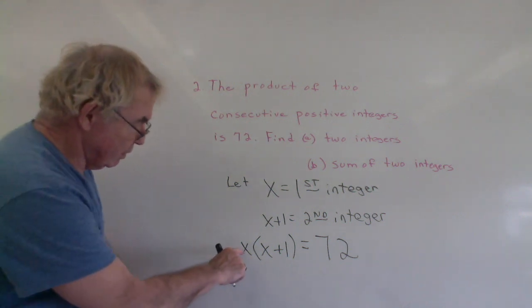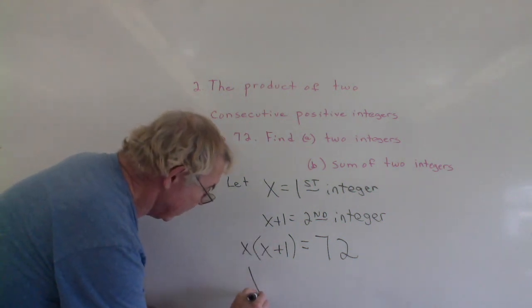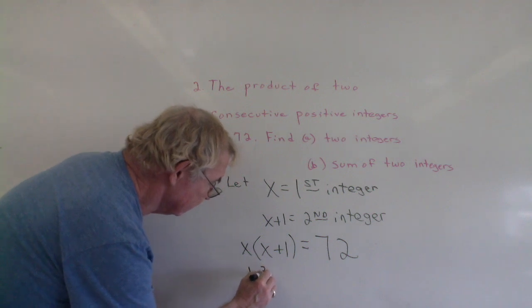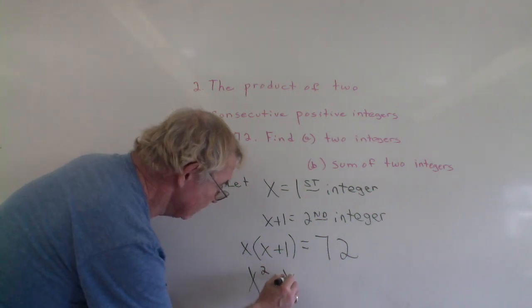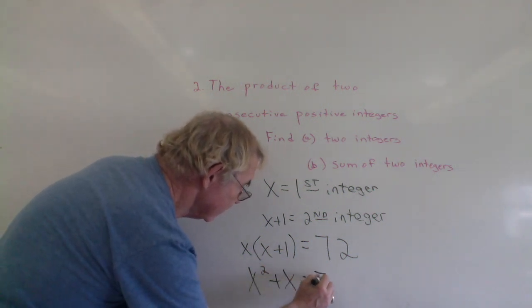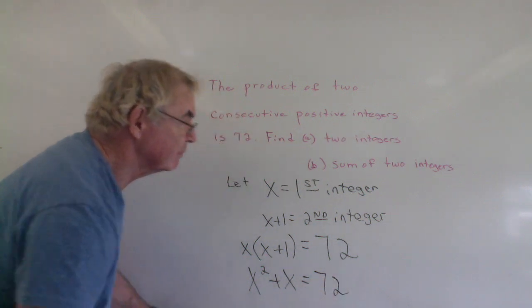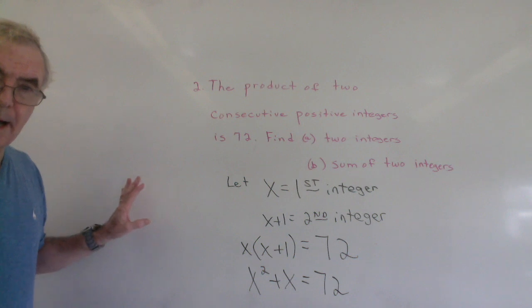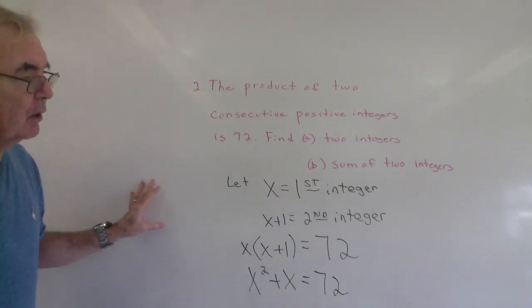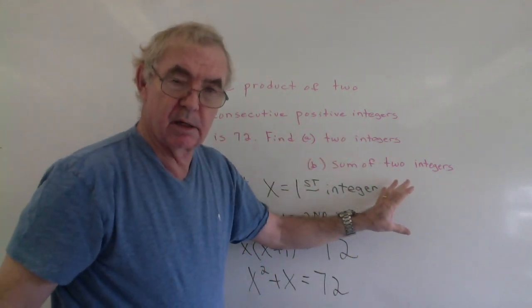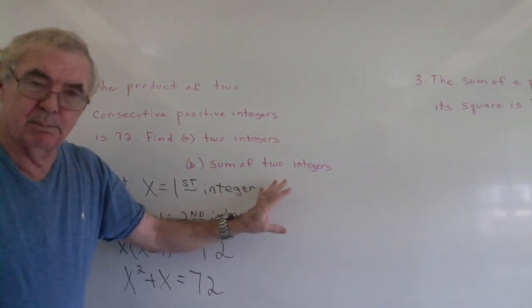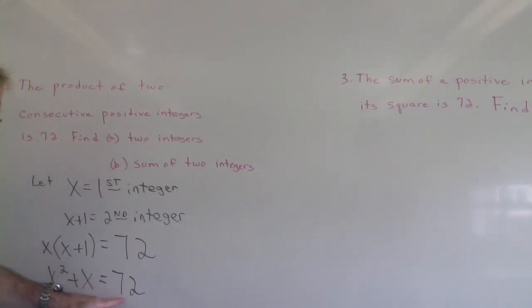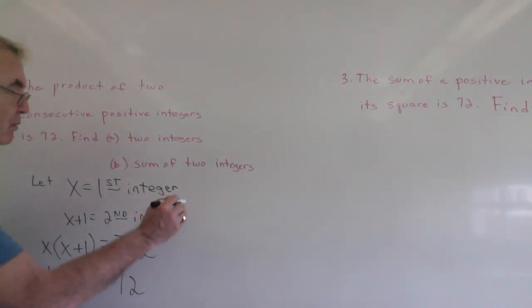We're going to distribute the x, and that leaves us x squared plus x is 72. Now we're going to put this in standard form by subtracting 72 from both sides.